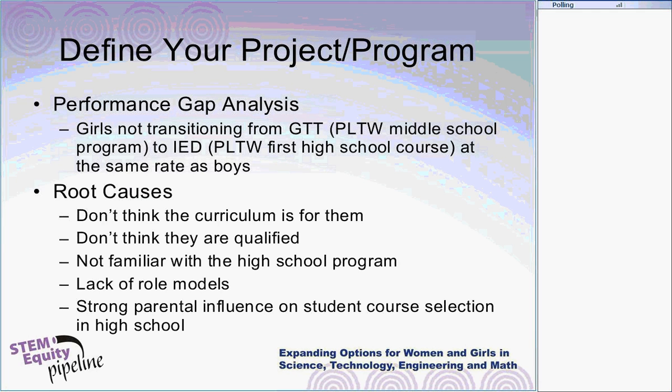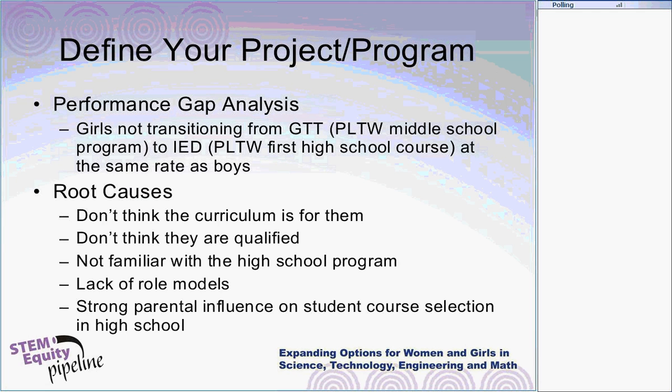So the next thing we did was step 2. We reviewed the root causes, and then we went out and did some research to determine what barriers these students were facing that were stopping them from transitioning from the middle school program to the high school program. This is some of what we found. Certainly there were others, but these were some of the major ones. One, the girls didn't think the curriculum was for them.